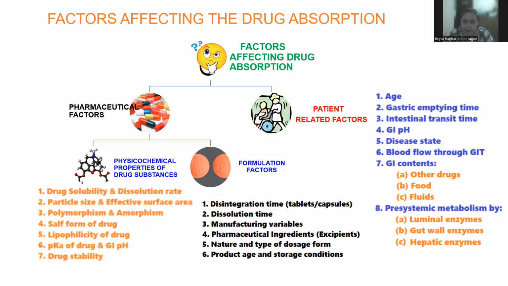And then other manufacturing variables, the excipients that we use, can also affect our absorption, along with the nature and type of the dosage form, and the product age and storage conditions. So these are all the pharmaceutical factors that we need to consider for us to have an efficient absorption.